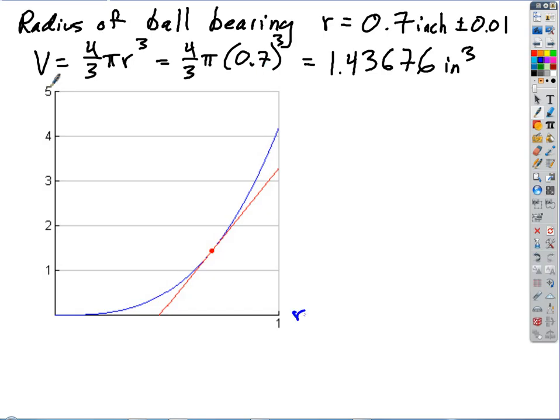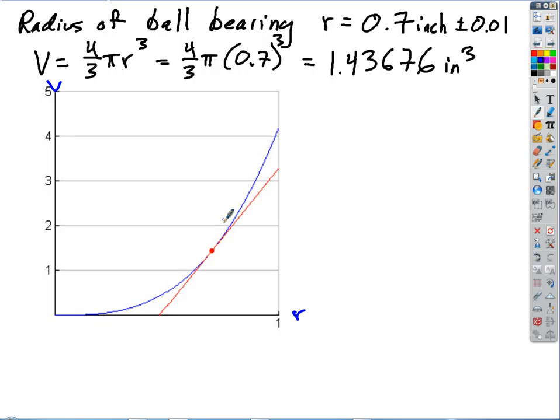And this is the v axis. R equals 0.7, v equals whatever, if I plug it into my function, right? We want to know, if I scoot that over a little bit, approximately how much is the blue function going to change? Well, it's approximated by the red linearization, right? We're just going to use that.